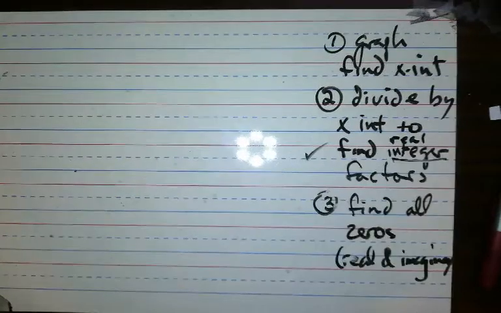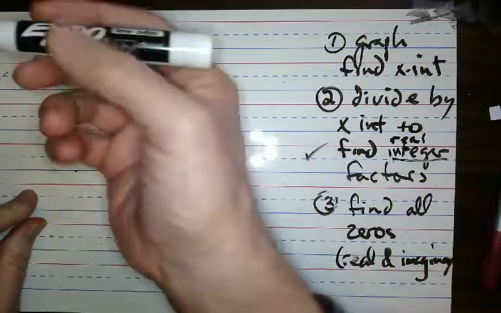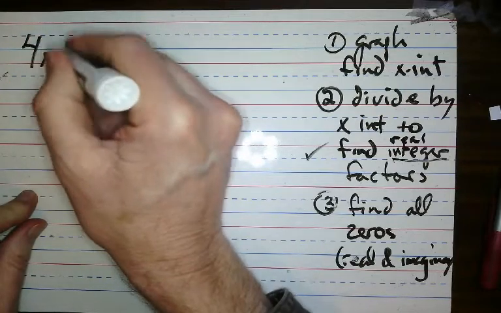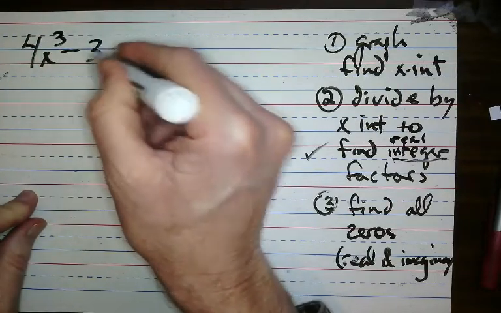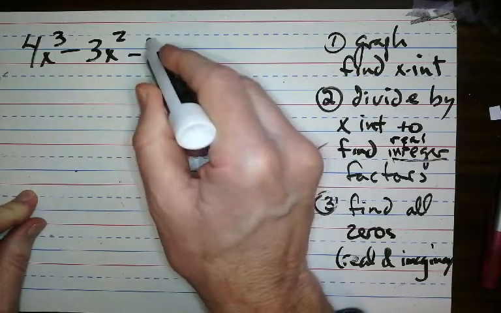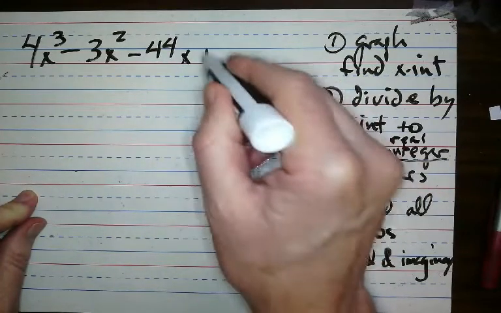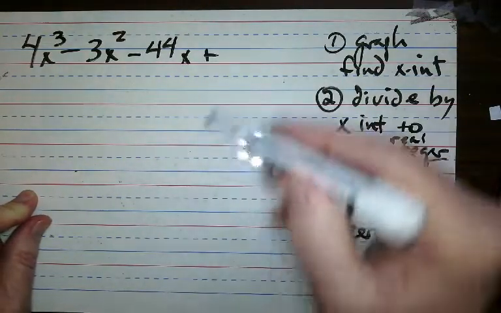Okay, so let's try this one. 4x to the third minus 3x to the second minus 44x plus 33.